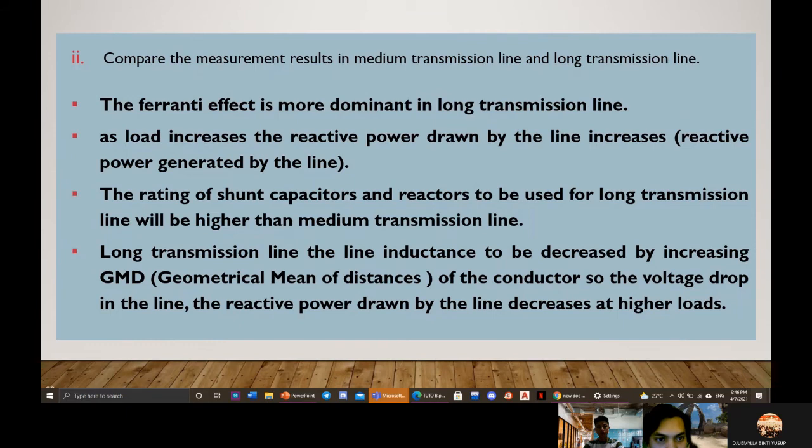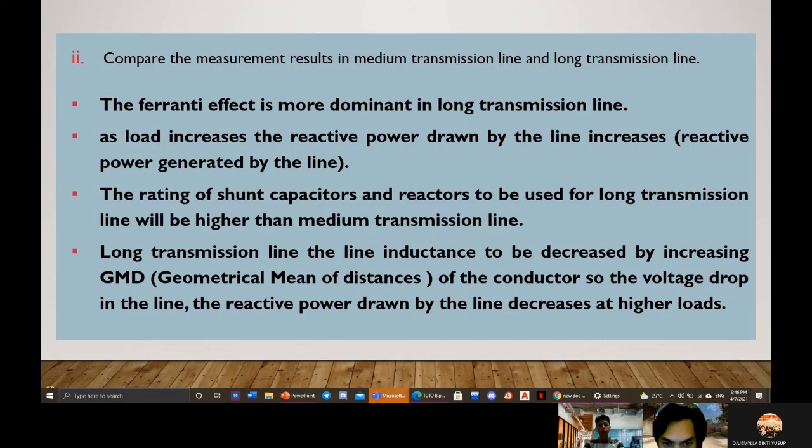So, compare the measured result in the medium transmission line and the long transmission line. The Ferranti effect is more dominant in the long transmission line. As load increases, the reactive power drawn by the line increases, reactive power generated by the line. The rating of shunt capacitors and reactors to be used for the long transmission line will be higher than for the medium transmission line.